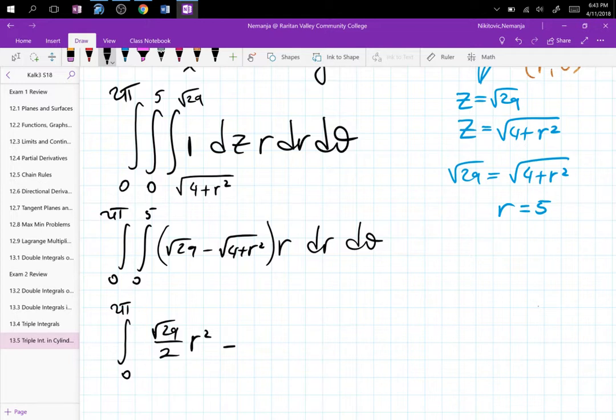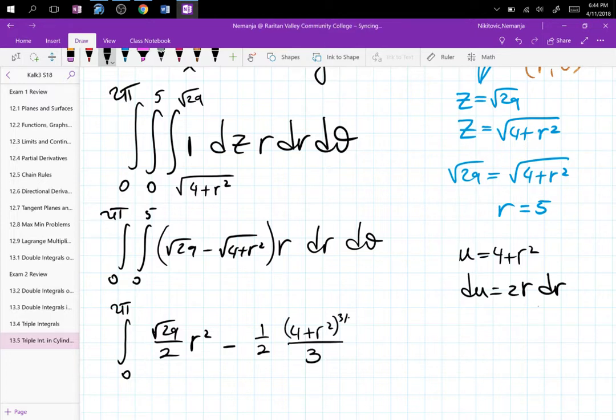So now you go on the side and try not to do anything special. du equals 2r dr. So I need a 2, so that's a 1/2 from the integral, and then I'm integrating square root of u, so that's going to be 4 plus r squared raised to the 3/2 times 2/3. Now these die, and then I still have d theta at the end. Don't forget these parentheses. Great.